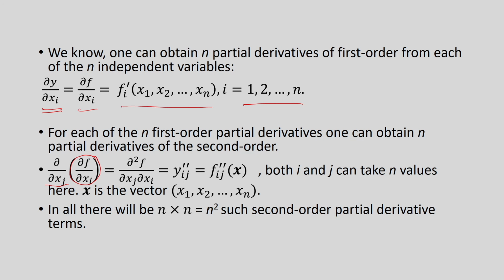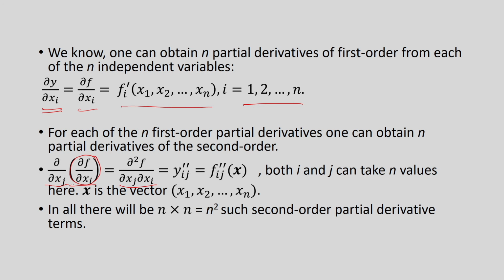So, the expression that you are going to get is going to look like this: ∂/∂xⱼ of ∂f/∂xᵢ, right. So, two partial derivatives have been taken, first with respect to xᵢ and then with respect to xⱼ. Mind you, i could be equal to j also, but it is not necessary that i is equal to j. i and j are any two arbitrary numbers less than or equal to n.